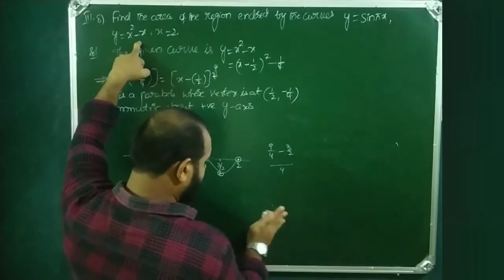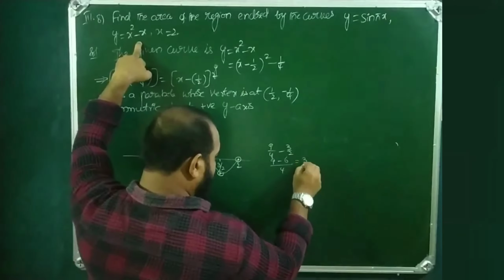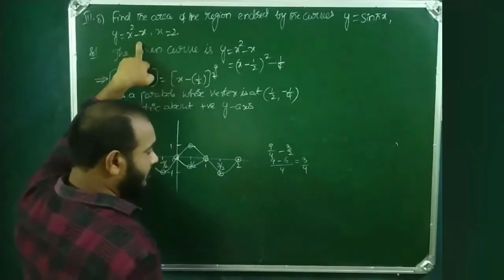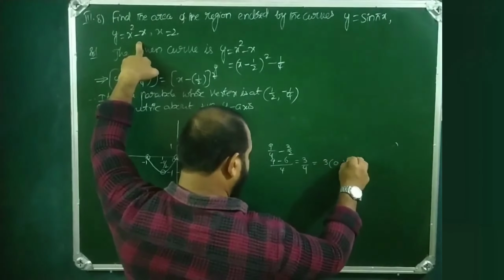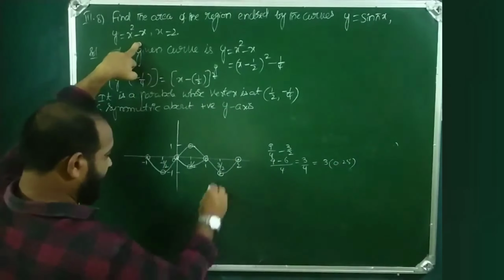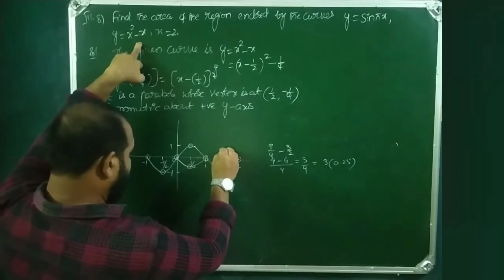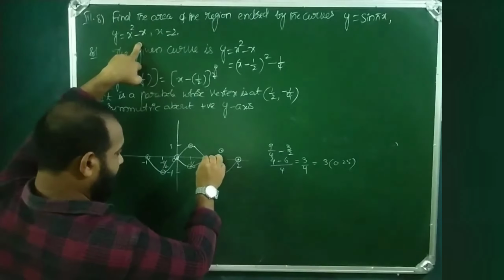So with 4 as LCM, 9 minus 2 3s are 6, so 3 by 4. 3 by 4 is 3 into 0.25, that means 0.75. 0.75 will be somewhere down of 1. So somewhere here.